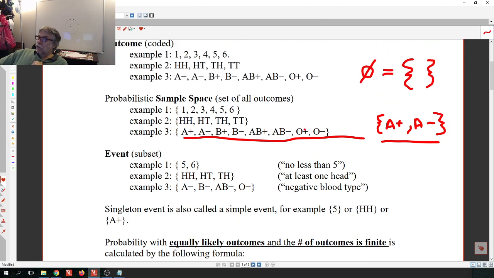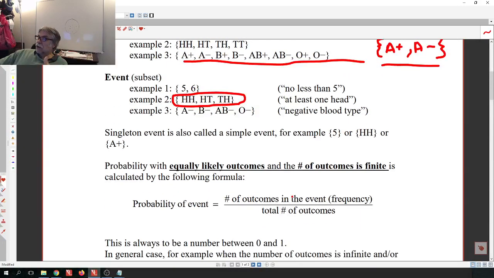So when you're talking about what is the chance that you're going to have at least one head on a double flip of a fair coin, when you know that the sample space has HH, HT, TH, TT, 4 outcomes, and the event you are interested in has 3, then the probability is 3 out of 4.